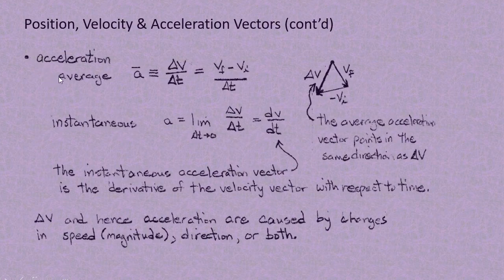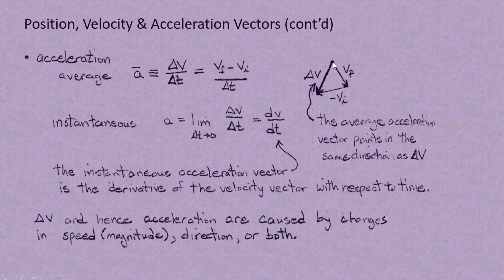So let's look at average acceleration. Average acceleration is the change in velocity divided by the elapsed time. If we look at our final velocity and initial velocity vectors, which I just transferred from the previous drawing, we're subtracting them.